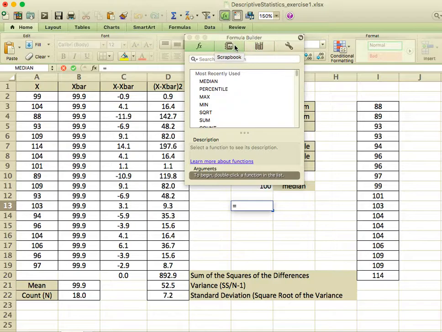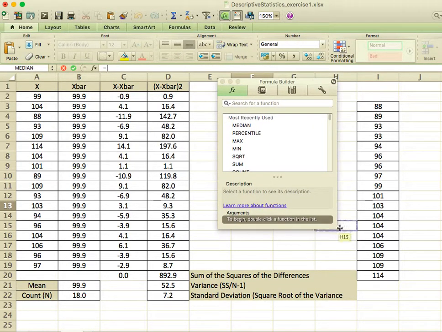Right now it's showing the most recently used ones, but it also will show you arithmetic functions, date and time functions, financial functions, so on and so forth.